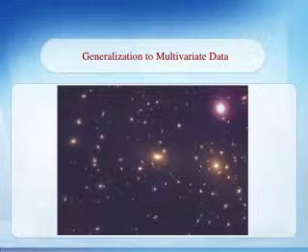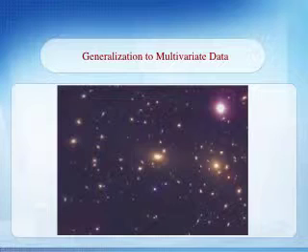That is, K of u equals 1 over (2 pi)^(d/2) times the absolute value of S to the 1/2, times the exponential of minus 1/2 times u transpose times S inverse times u, where S is the sample covariance matrix.